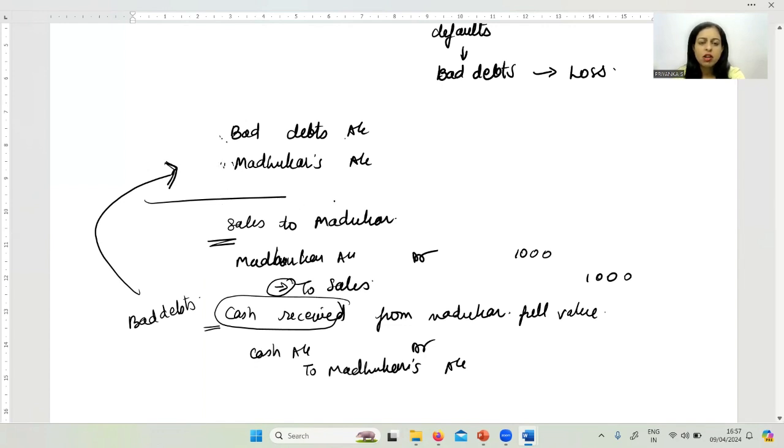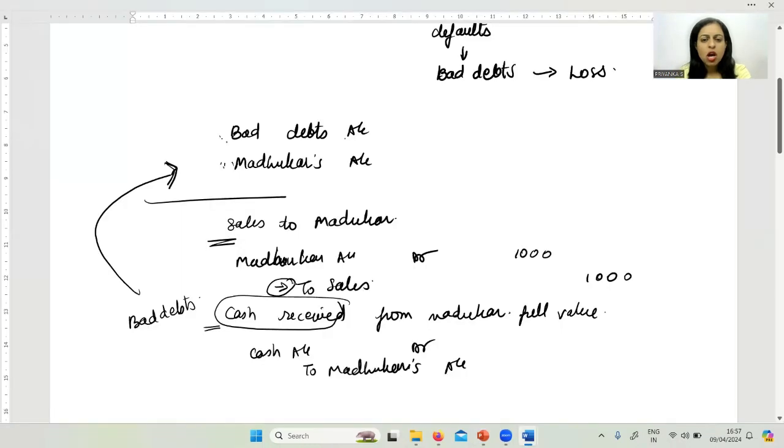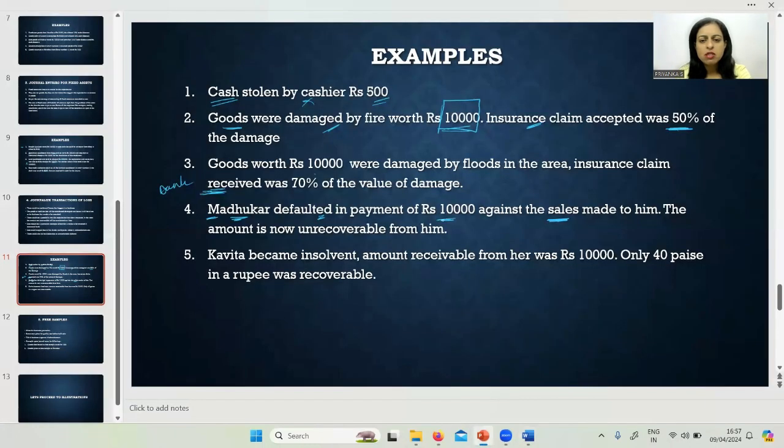So hopefully it is clear why I'm not recording the sales transaction again, because that's already recorded. The problem is happening when Madhukar has defaulted in payments. So bad debts and Madhukar's account will be the two accounts. He has defaulted 10,000, and it's very clearly given it's not recoverable from him, so it becomes bad debts.